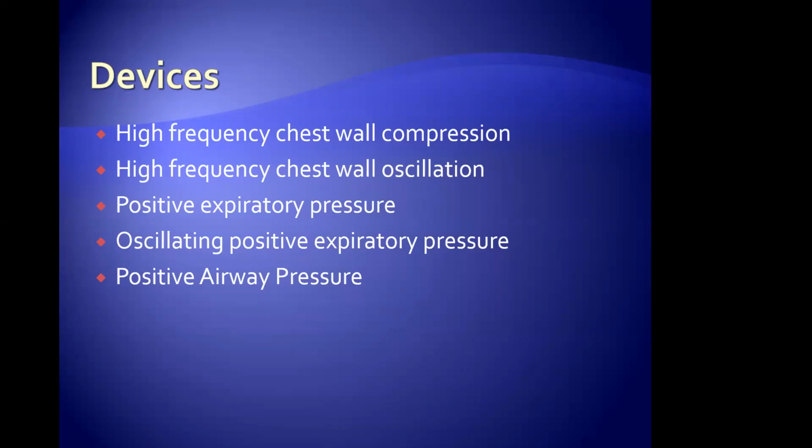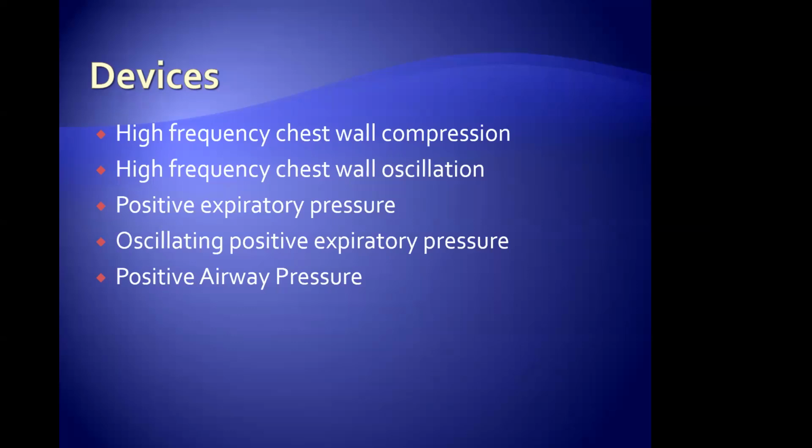When I started way back when, we had the Mark 7 doing IPPB, and we would get that volume in there, but we didn't have the oscillations. We didn't have vests. If we were doing chest wall compression, oscillation, did we not do that with our hands? Didn't we do CPT like that? And now we have devices that help us be more effective.